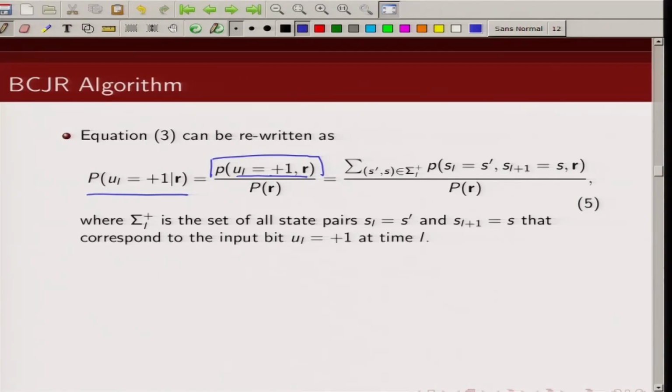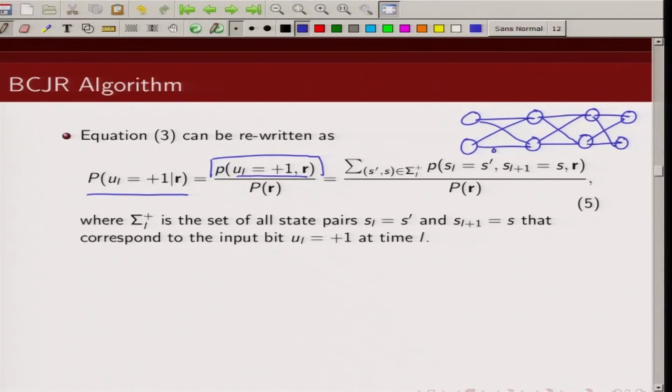So, if you look at any trellis diagram, let us say this is some trellis diagram, just a simple 2-state code. We are interested in where UL is +1 and where UL is -1.